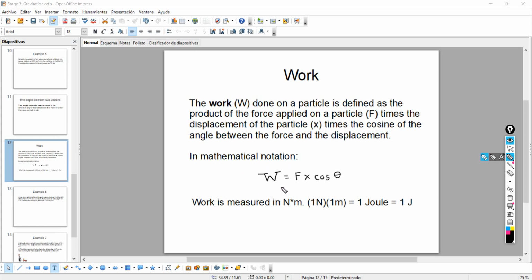In mathematical notation, the work is equal to the force applied on the particle times the displacement of the particle times the cosine of this angle, and this angle is the angle between the force and the displacement.